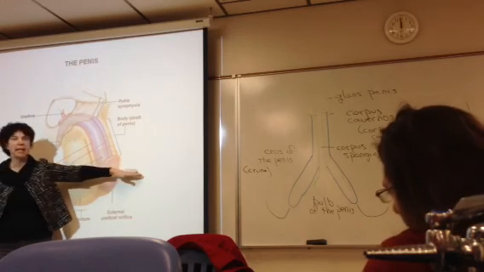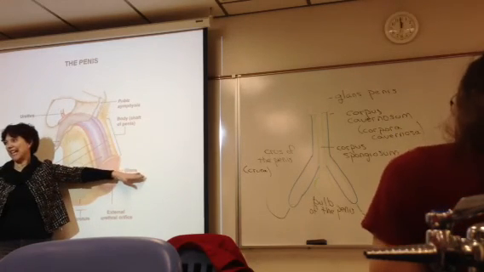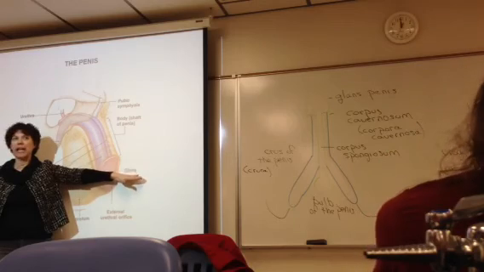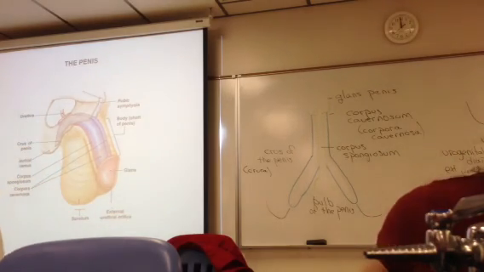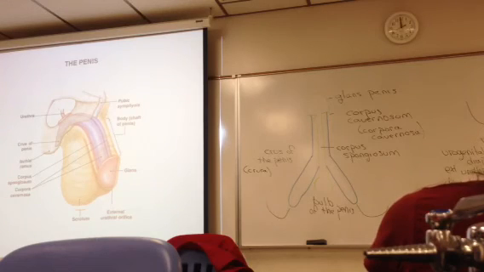Okay? I want penis on the end of it, not just glans, because in the female we have the glans clitoris. I want you paying attention to whether we're looking at male or female. You would think I would be able to assume that you know that, but I've had this tagged on lab exams. This is a female pelvis. There's the uterus, and I've had students tell me those are testicles, testes.